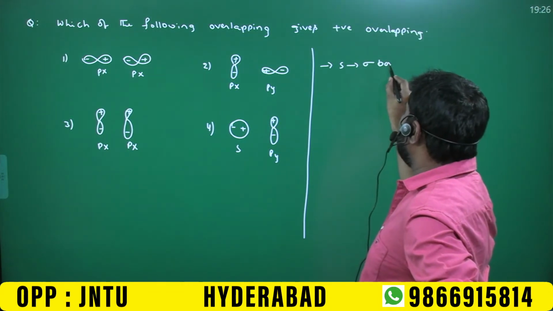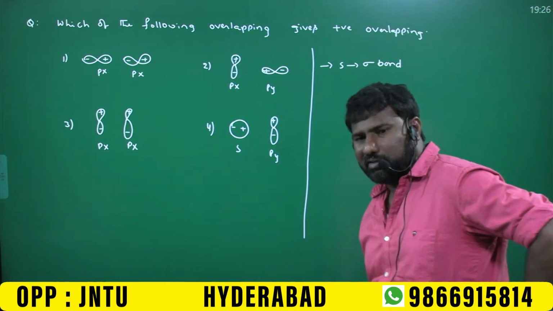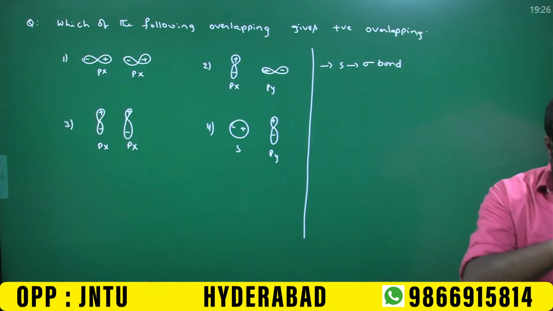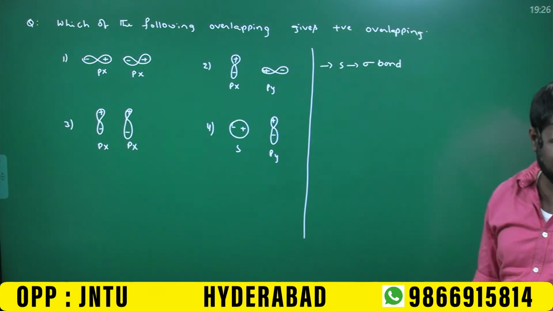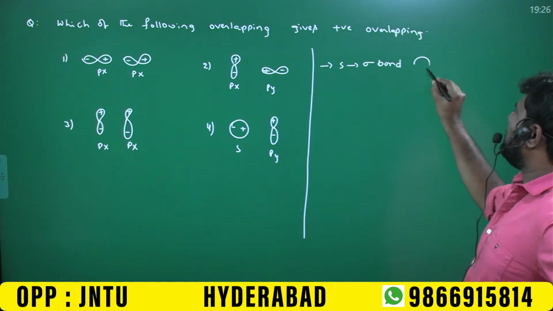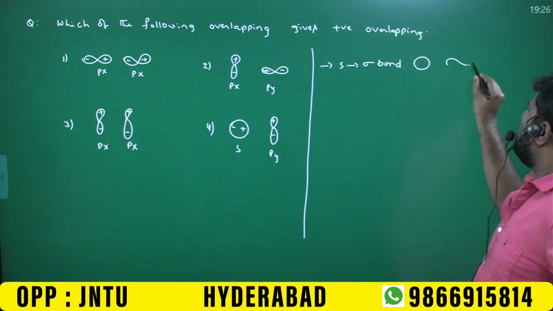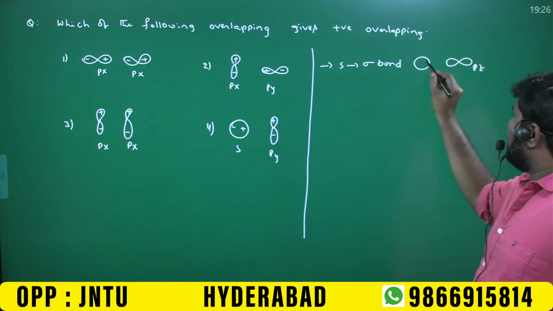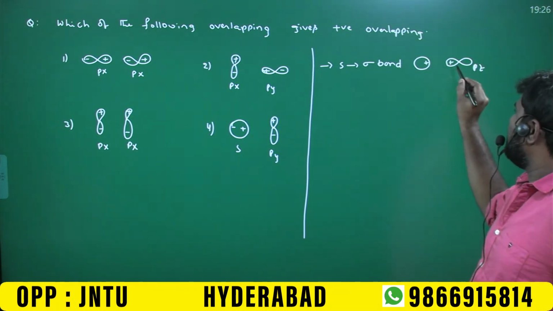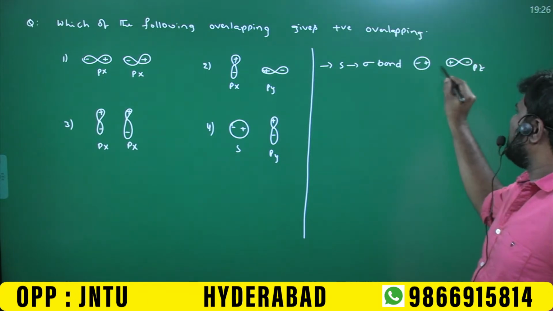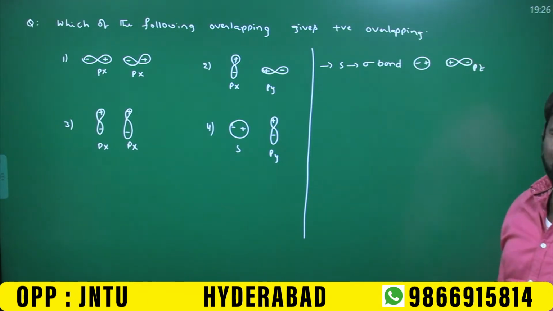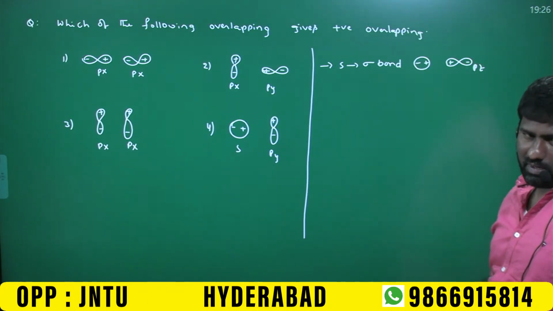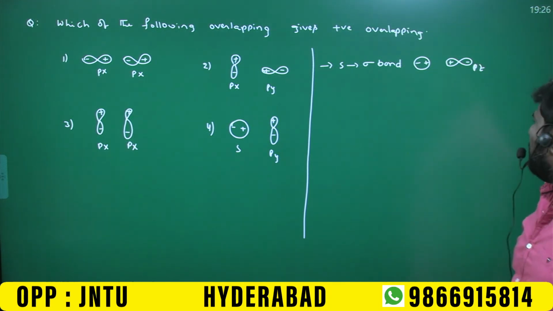Always sigma bonds, means end to end overlapping along the axis. This is s orbital, this is p orbital, that is pz orbital. The signs must be uniform, plus plus or minus minus, that gives positive overlapping.